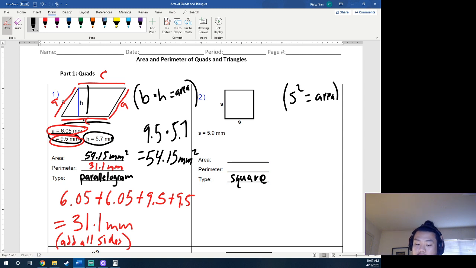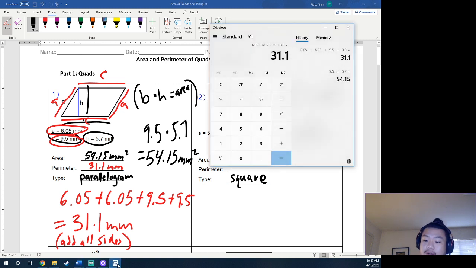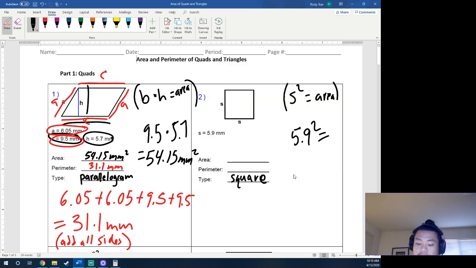In this case, 5.9 squared. Pull that calculator out, and you should have 5.9 times 5.9, which is 34.81.